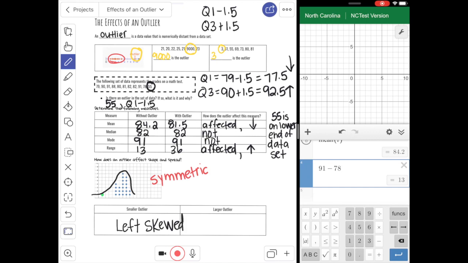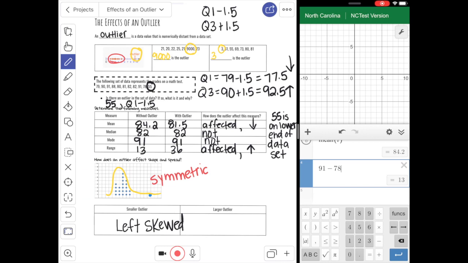Okay. So what happens if I have an outlier on the upper end? Let me erase the one on the lower. If I have an outlier on the upper end, I'm going to put that over here on the upper end. Now I have a tail on the right side, and it's going to be skewed to the right.